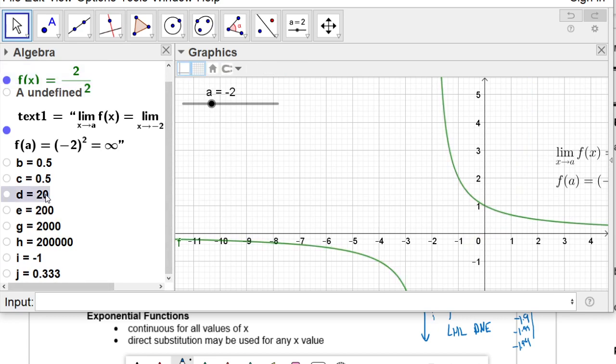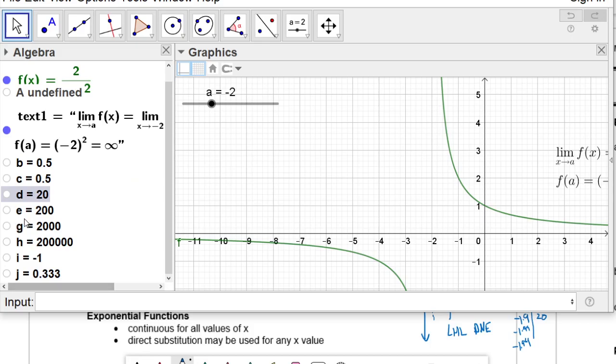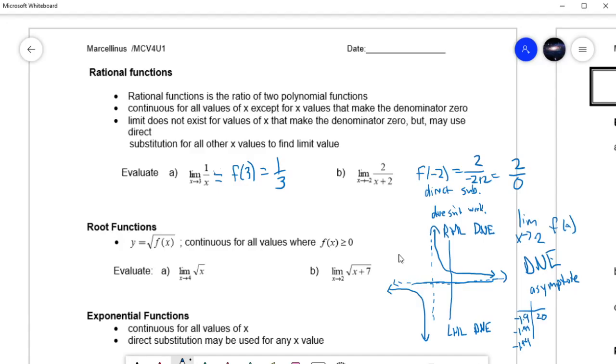So here at -1.9, okay, the function's equal to 20. At -1.99, the function's equal to 200. And at -1.999, the function's equal to 2000. So what's happening here? It diverges. It doesn't converge on a value. It diverges off to infinity. So I just say it diverges, therefore there is no limit.